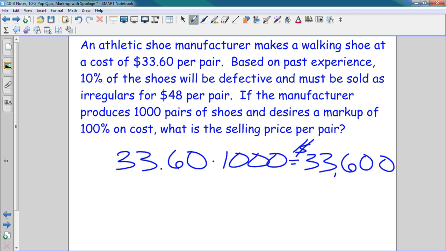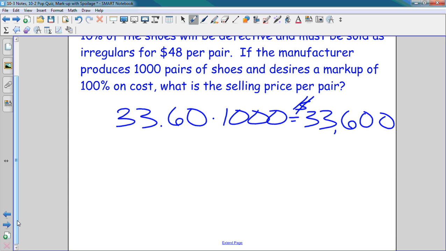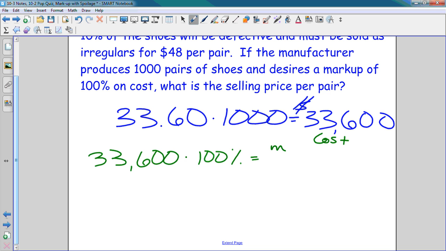So if that's the case, what is my selling price? How do I find my selling price? Right, so I'm going to double it. It's 100%, but I'm going to show the steps because it's not always going to be 100%. You have to know how to do it. Since it's markup on cost instead of selling price, I'm going to take 33,600 times 100%, and that's going to give me my markup, which is 33,600.